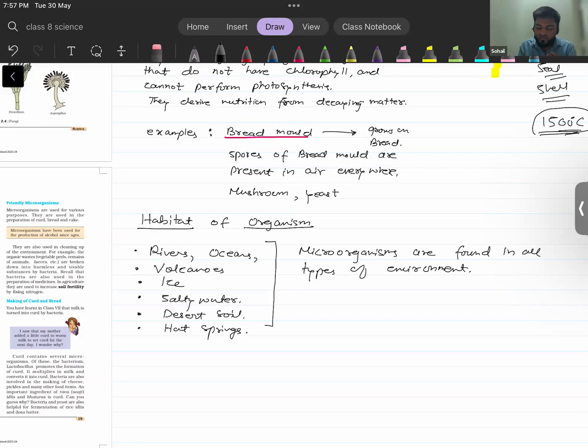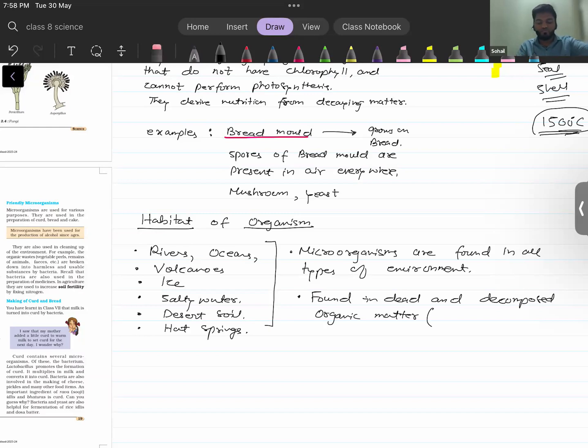Apart from this, they are found to be living on dead and decaying organisms also, in the body of dead and decomposed organic matter. Now, when I say organic matter, what does the term mean?